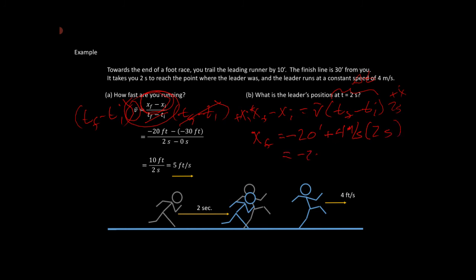So that's minus 20 feet plus 2 times 4, which is 8. These should be feet per second. Seconds times seconds cancel out, and that ends up being minus 12 feet.